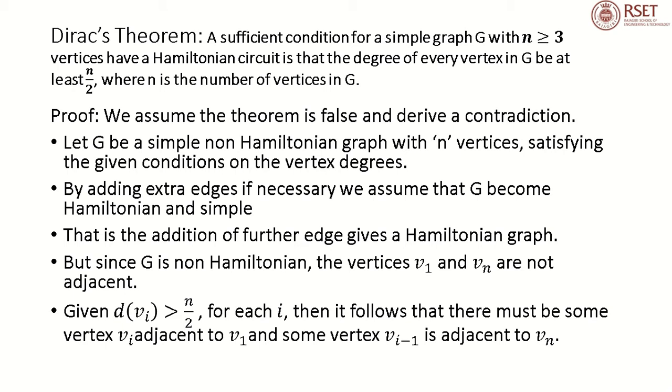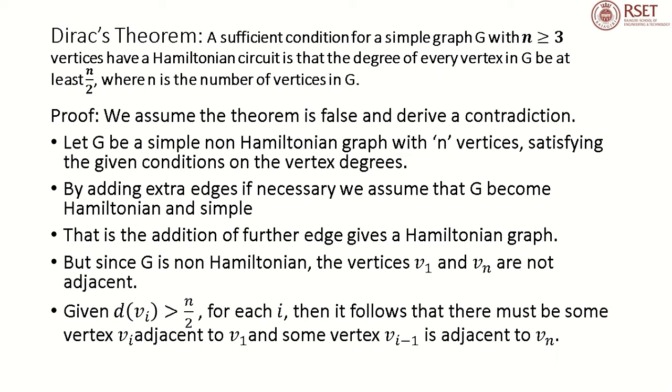First, we assume that G is a simple non-Hamiltonian graph with n vertices satisfying the given conditions on the vertex degrees. Since it is non-Hamiltonian, we can add extra edges if necessary, and we assume that G becomes Hamiltonian and simple.